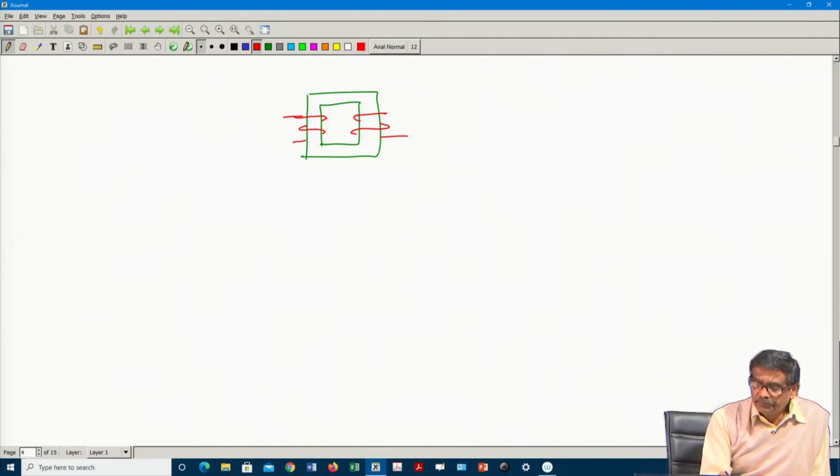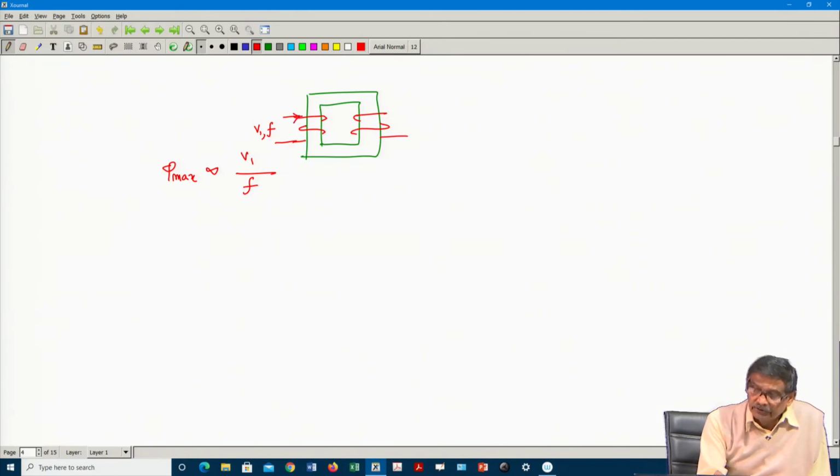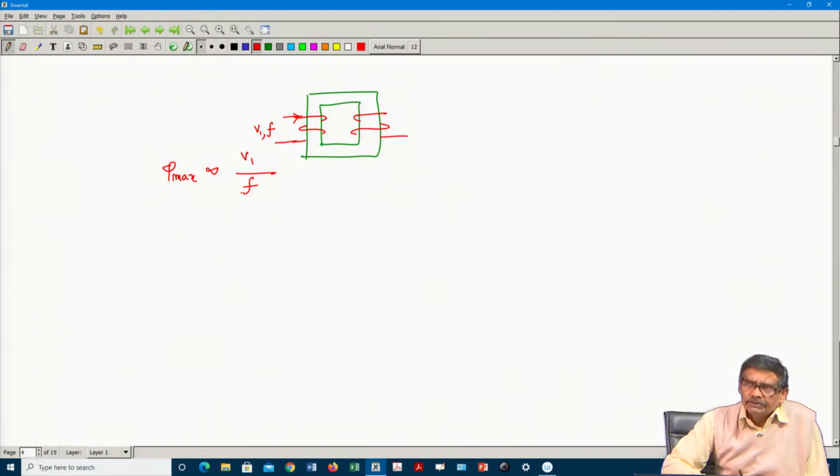Look here, if you apply a certain voltage with frequency, the flux level in the core gets fixed, as I told you. Flux level, and how much current will it draw? Forget about impedances from the circuit point of view, that we will discuss later.